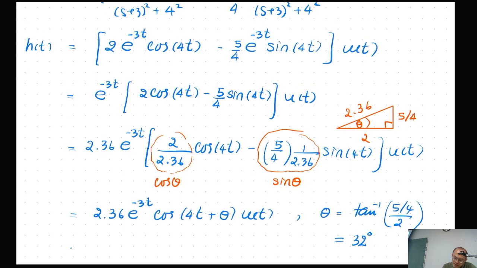And so I plug it in. I have 2.336 e^(-3t) cosine of 4t plus 32 degrees, times u(t). And that is the answer.